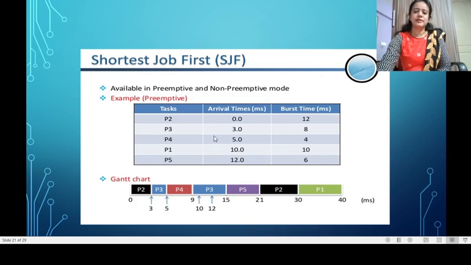P3 has very little CPU time. P3, P4 and P5 have very little CPU burst time. Among them, P4 has the least CPU time. That's why, according to shortest job first, in preemptive and non-preemptive mode, whichever process has the least time will be given a chance to execute.